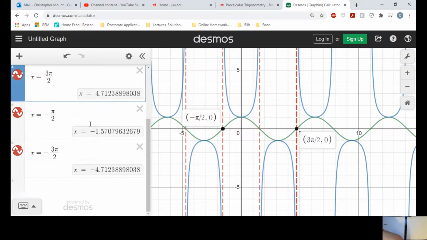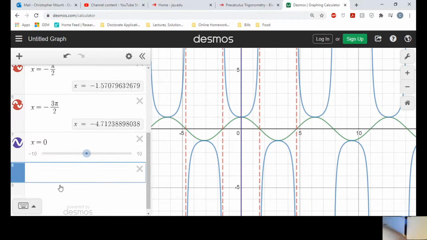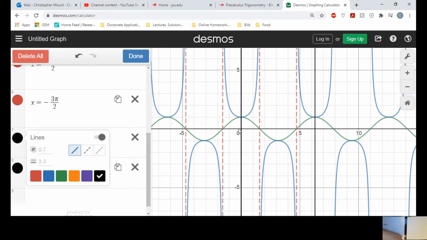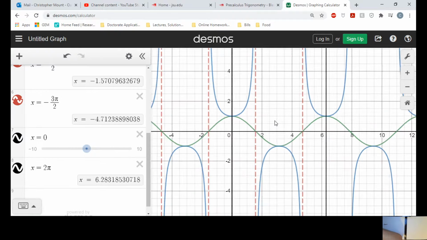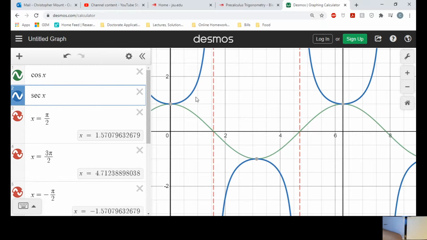Why can't I just graph it from, let me put some bars here for you, x equals 0 to x equals 2 pi? I'm going to make these black to stand out. So why not just graph this little half curve, and then this full bottom curve, and then the other half of the top curve, between these two black lines? Why not just graph that?